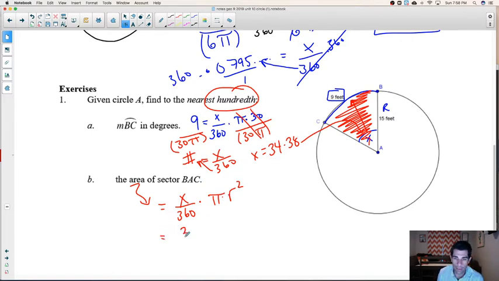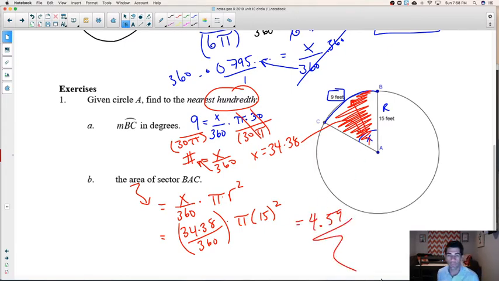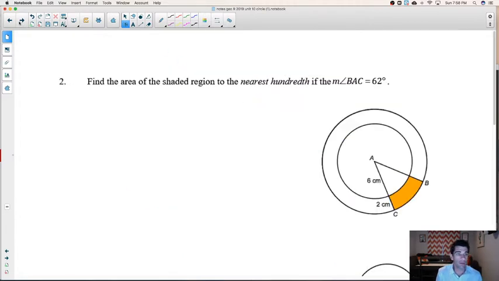So we're going to use that number we just found, 34.38 over 360 times pi times 15 squared. Don't be shy. Throw that whole thing in parentheses into your calculator, and you're going to get a nice number of 4.59. All right, hopefully that's helping you.